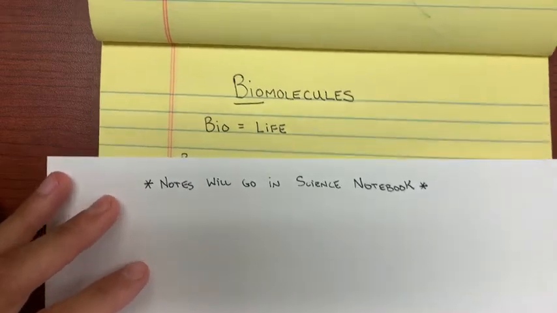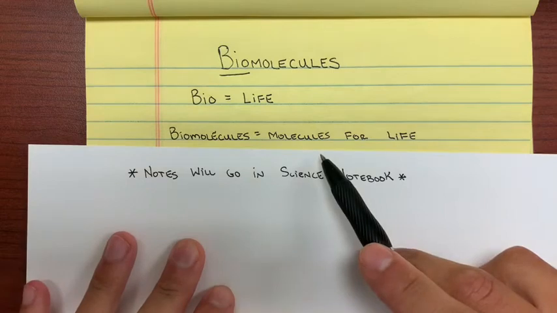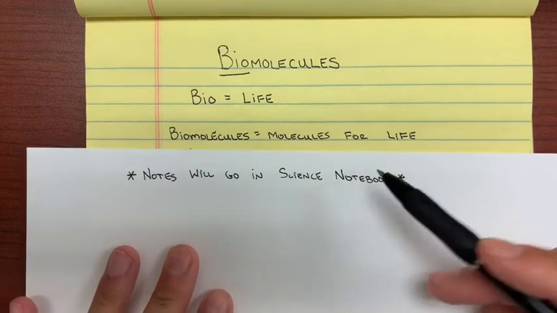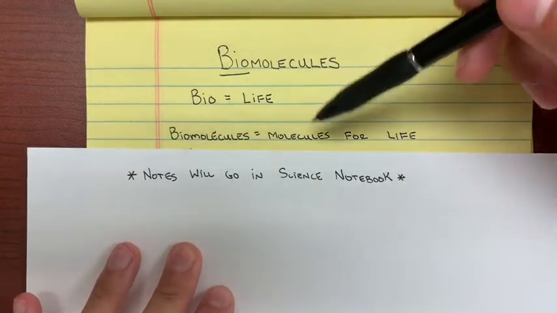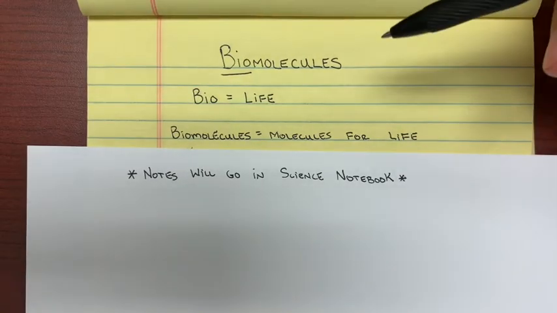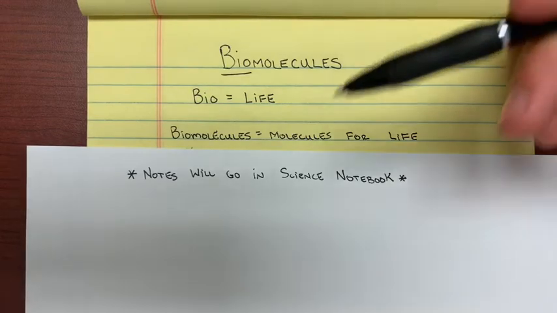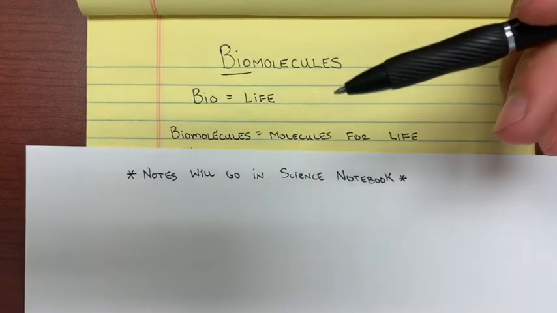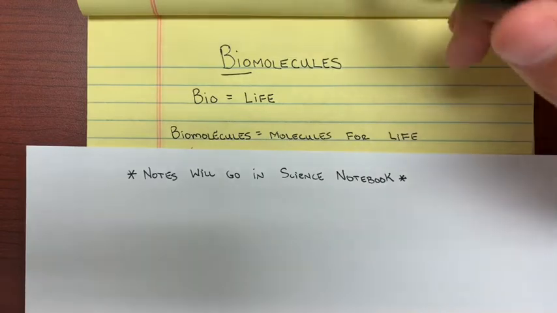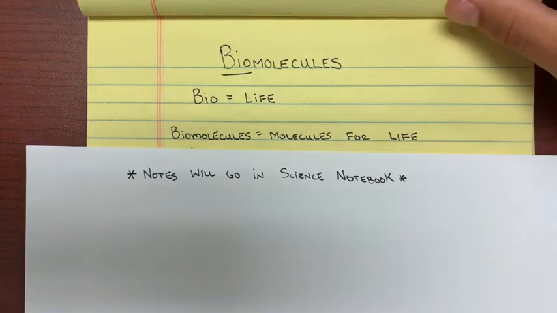So basically a biomolecule is molecules for life. That's what we just got done saying. So you'll add these two things as the first two lines in your notes. I'm going to walk you through that so you get my teaching style, and then as we progress, you'll know what needs to be written down in your notebook, okay?